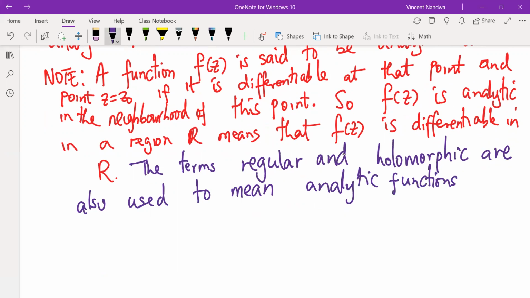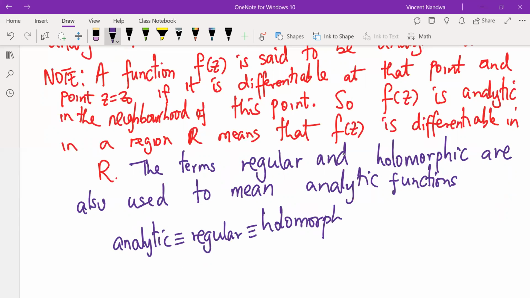So we are saying that analytic is the same as regular, is the same as holomorphic, so simply meaning differentiable. That was just a by the way.